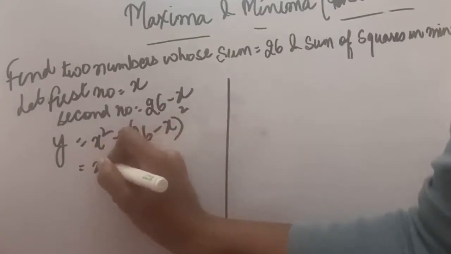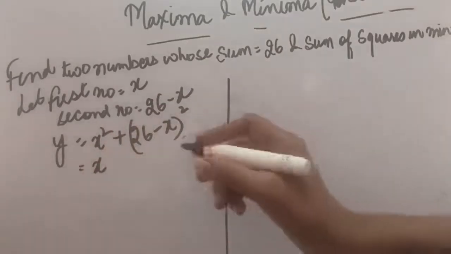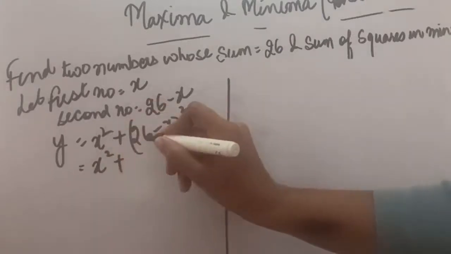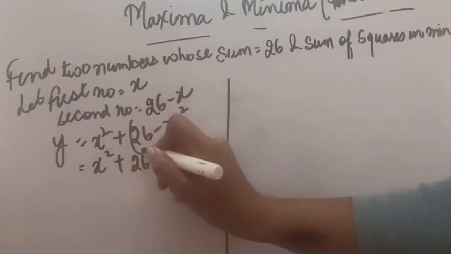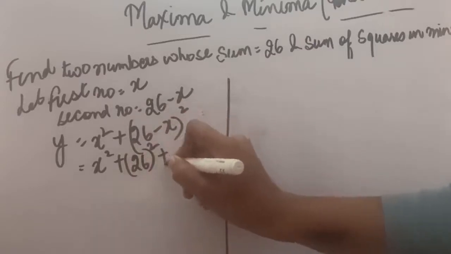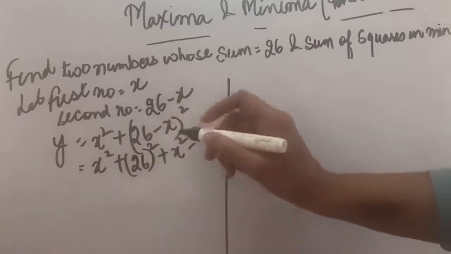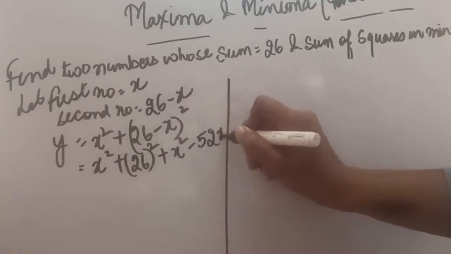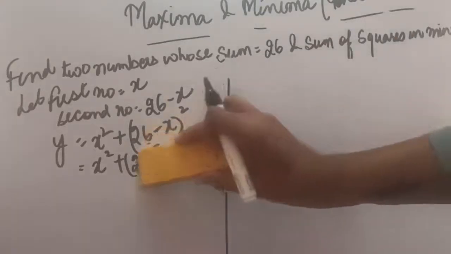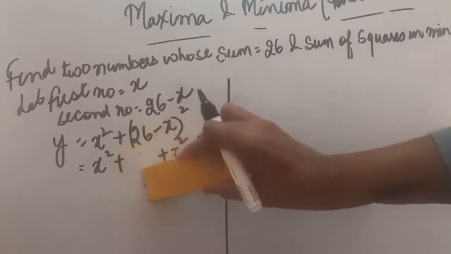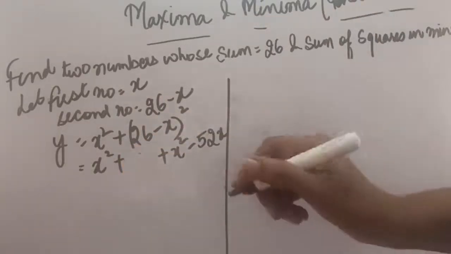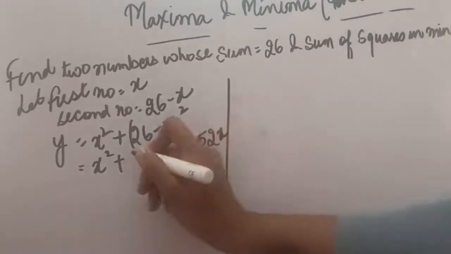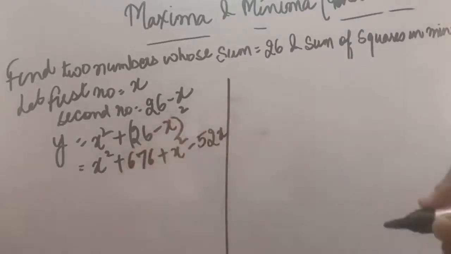Before taking the derivative and proceeding with the first method of maxima and minima, let us open this bracket. Using a minus b whole square, it will be 26 square plus x square minus 2ab. So minus 2 into 26 into x, it will be minus 52x. Let us take the square of 26, it comes out to be 676.